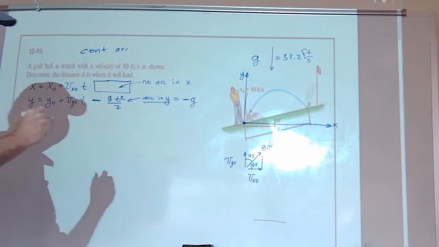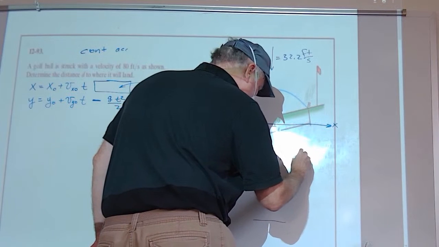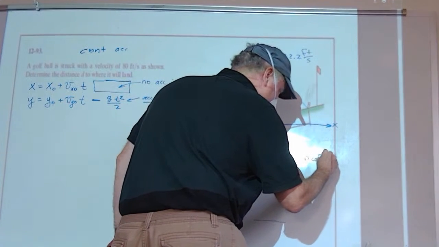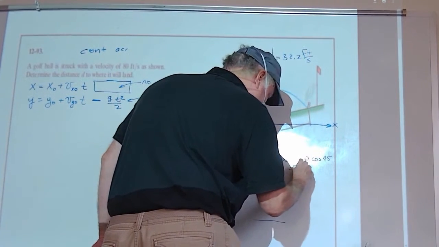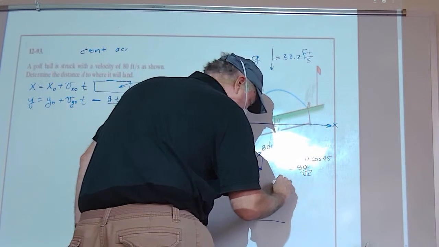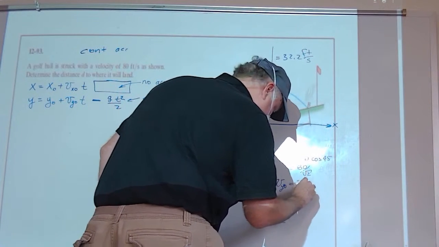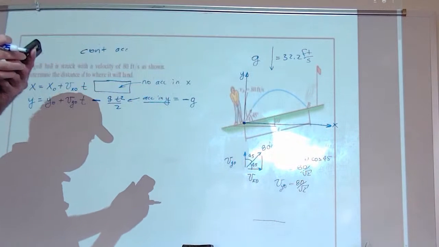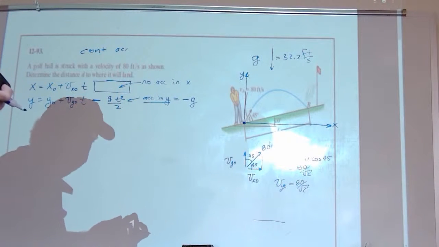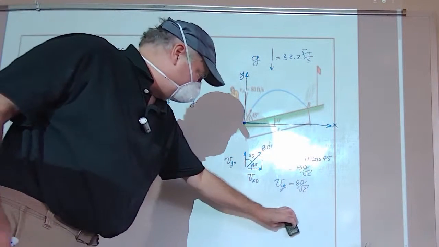So if that's the case, then v x naught is equal to 80 cosine of 45, or 80 over square root of 2, but v y naught is the same thing. Oh, I can go further than that, so I can get the whole board. Somebody figured this out ahead of us.